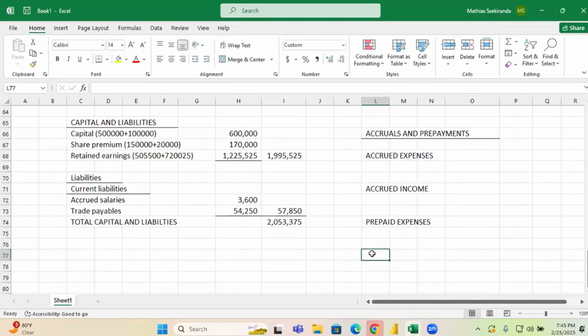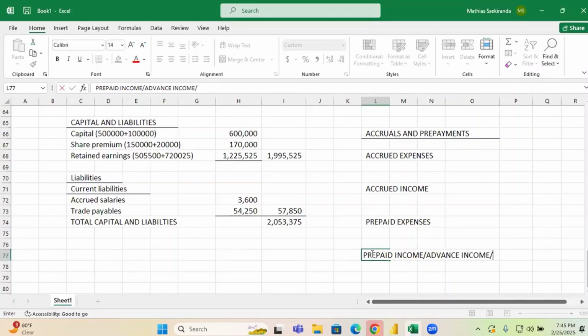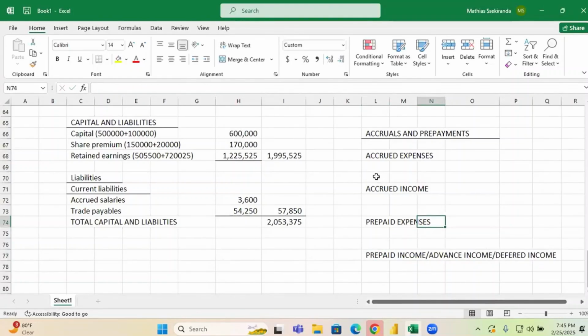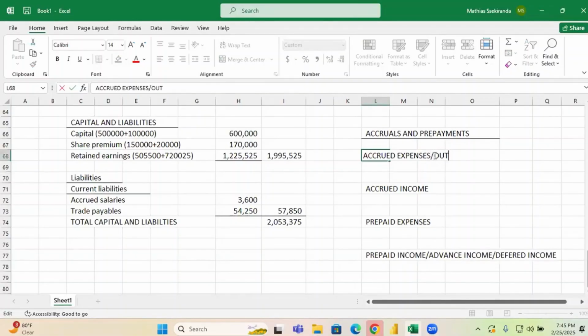Then we have what you guys call prepaid income, which personally I call advance income. At times I call it deferred income. So accrued expenses is the same as outstanding expenses, or expenses due.